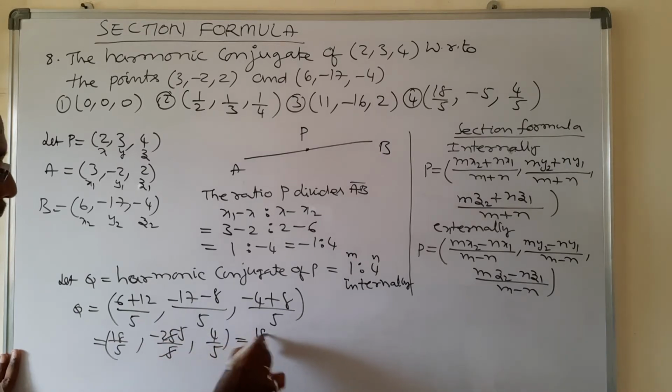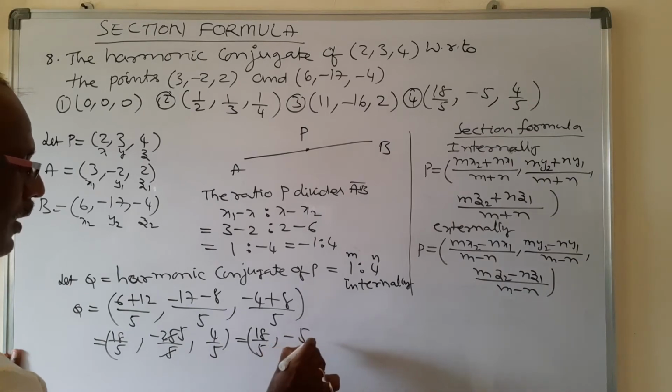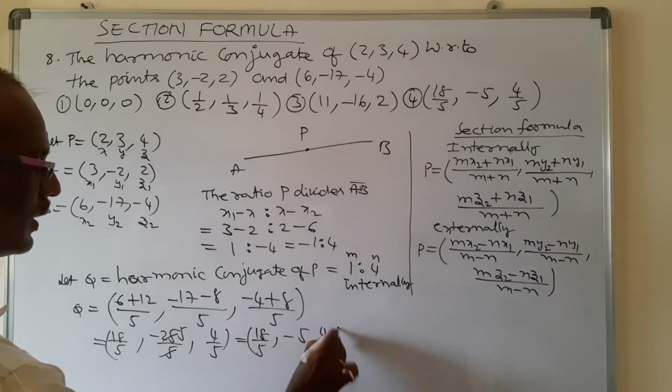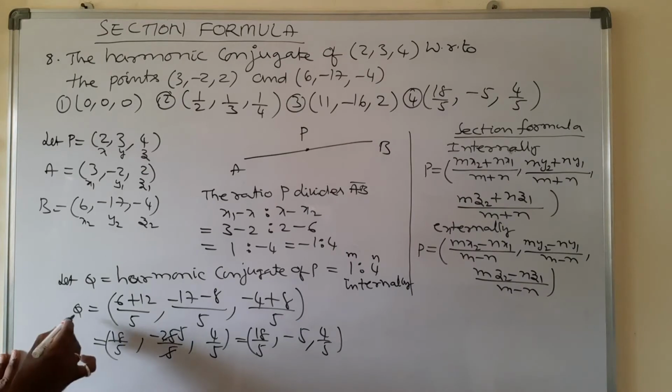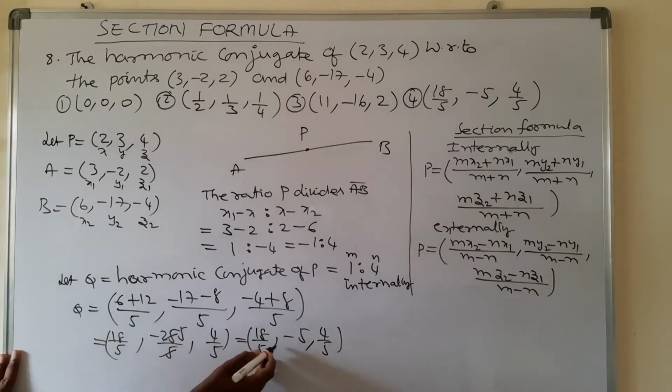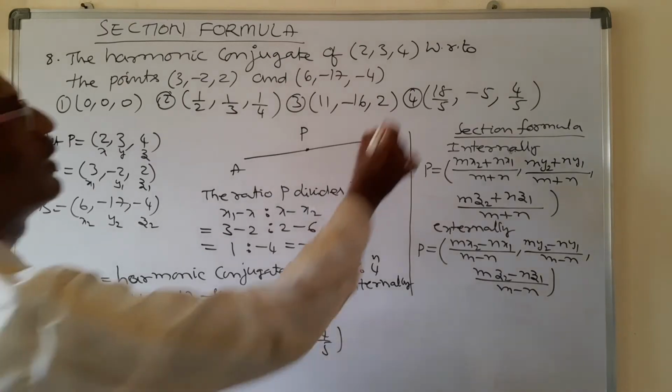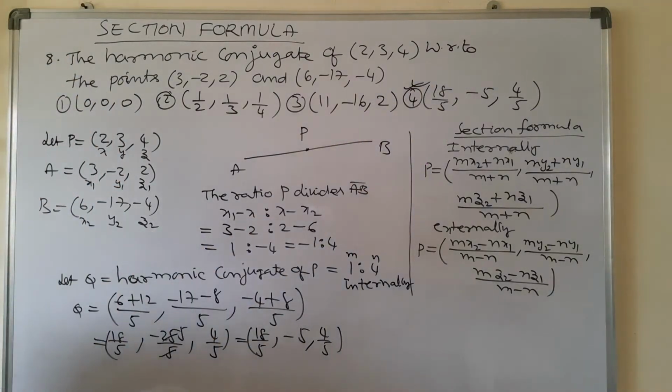Here, 18 by 5, comma, minus 5, comma, 4 by 5. This is Q, the harmonic conjugate of P. The answer is 18 by 5, minus 5, 4 by 5. The fourth option is correct.